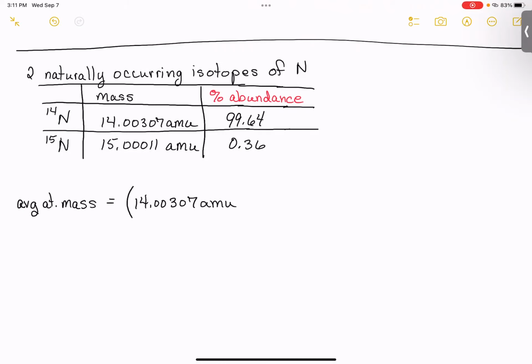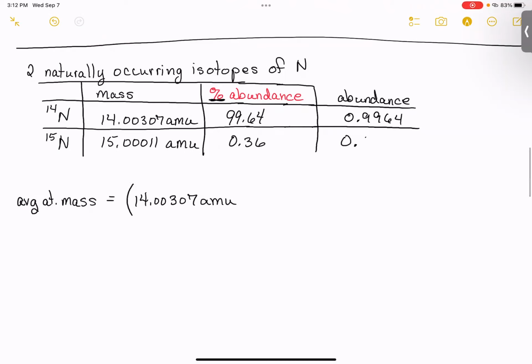What I gave you was percent abundance. So you're going to need to take that out of percentages and make it abundance. So that's 0.9964 and 0.0036. You got to take it out of percentages and make it just abundance.